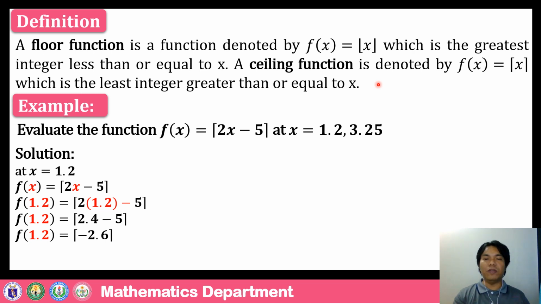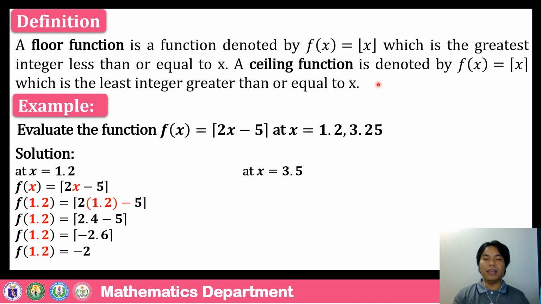So pag sinabi natin ulit ceiling function, ito yung pinakamababa sa lahat ng mga values na mas mataas sa given value of x. Now, since ito ay negative 2.6, ang pinakamababa sa lahat ng values na mas mataas dito ay negative 2. So therefore, f of positive 1.2 is equal to negative 2.